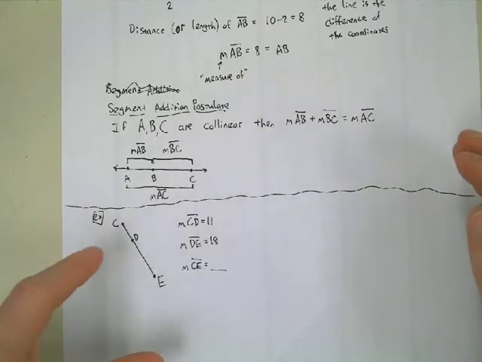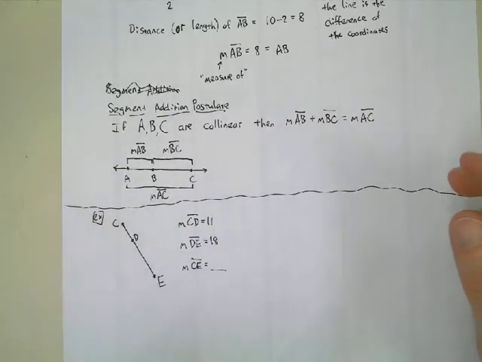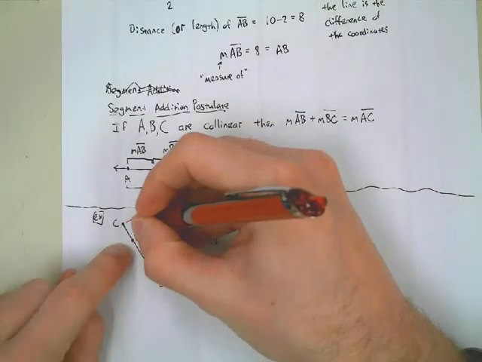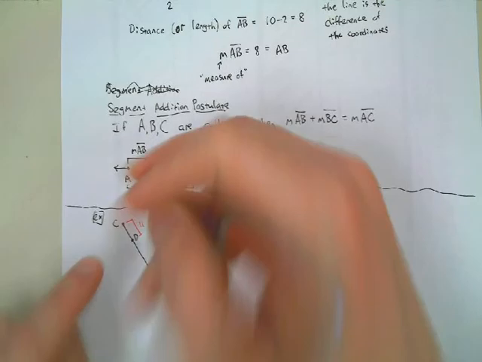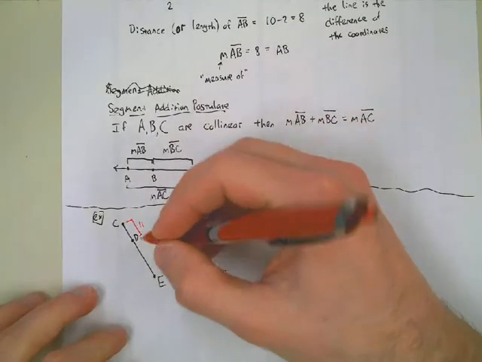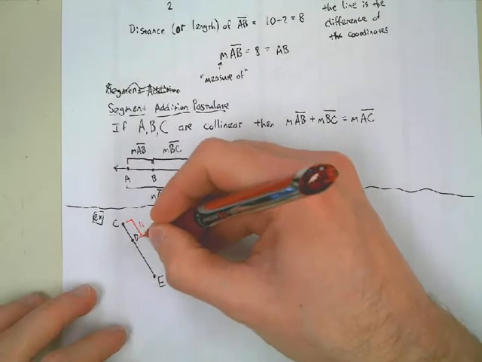Now some of you can maybe just look at this and say, the answer is blah, blah, blah. Okay, and that's great. But if you get stuck on something and you're not sure where to go, always start by labeling that picture. So, CD has a length of 11, so I'm going to put that from here to here is 11. All right, and then from D to E, that length is 18.